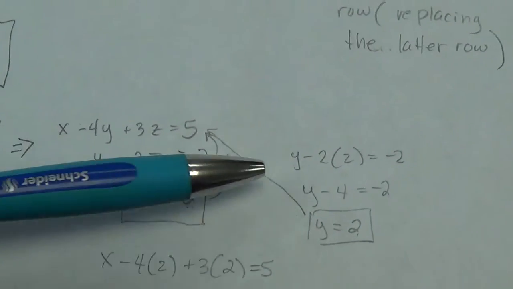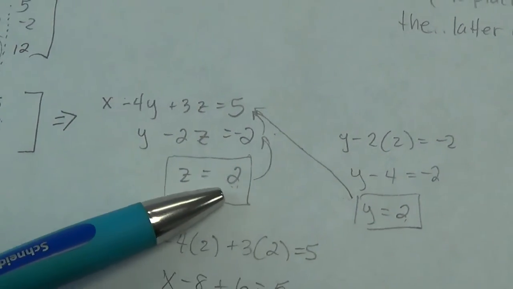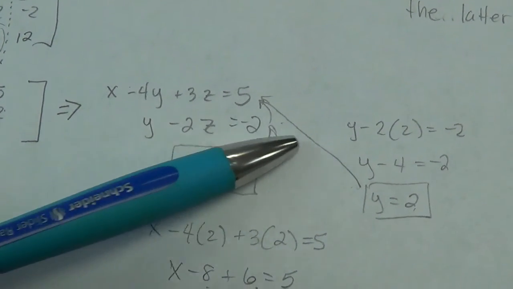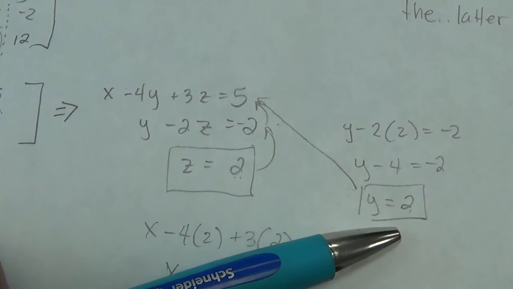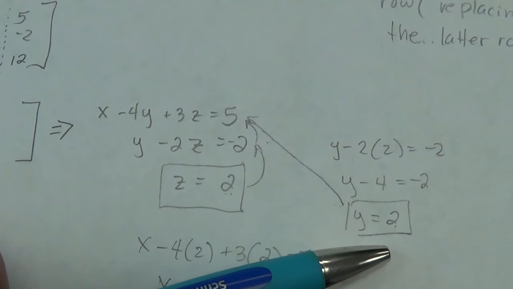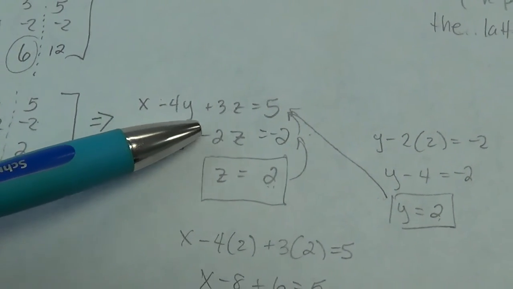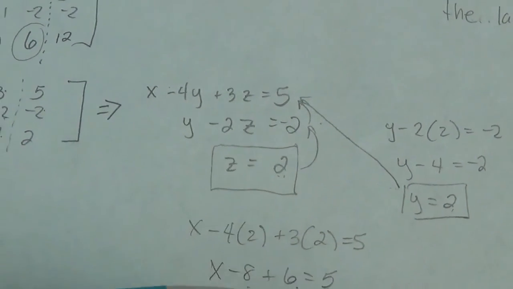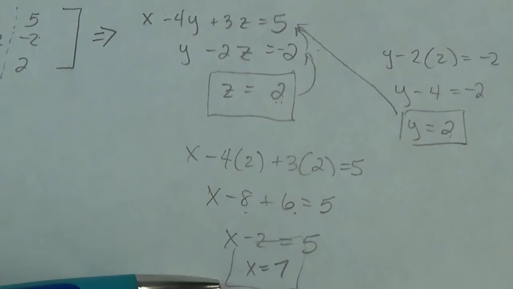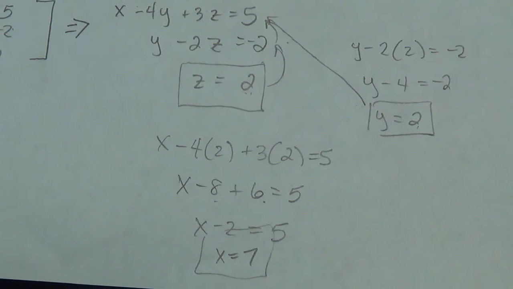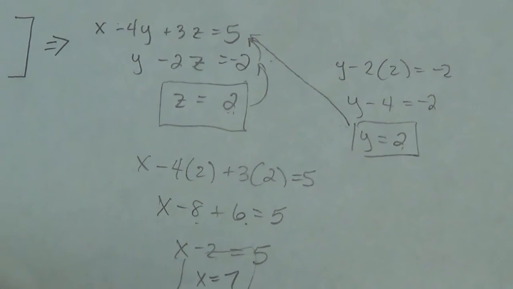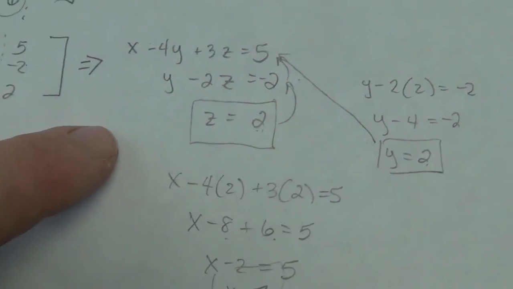So when I did it over here, when I put 2 in for z here, I got that y equals 2. And then I back substitute y equals 2, z equals 2, and I solved that for x, and x came up to be 7. So x is 7, y is 2, and z is 2.